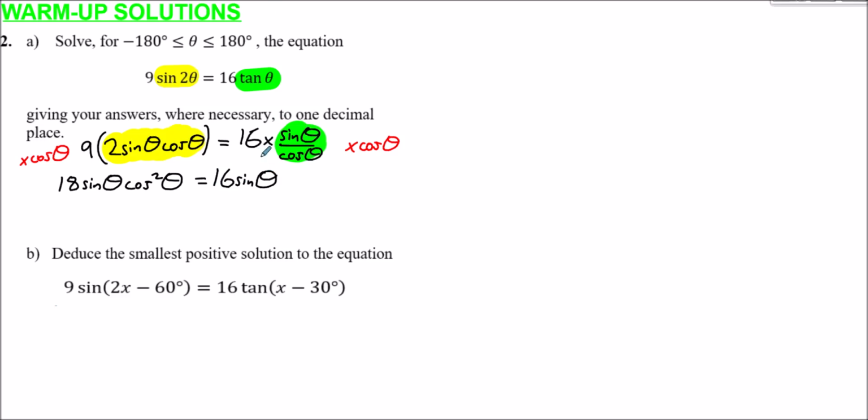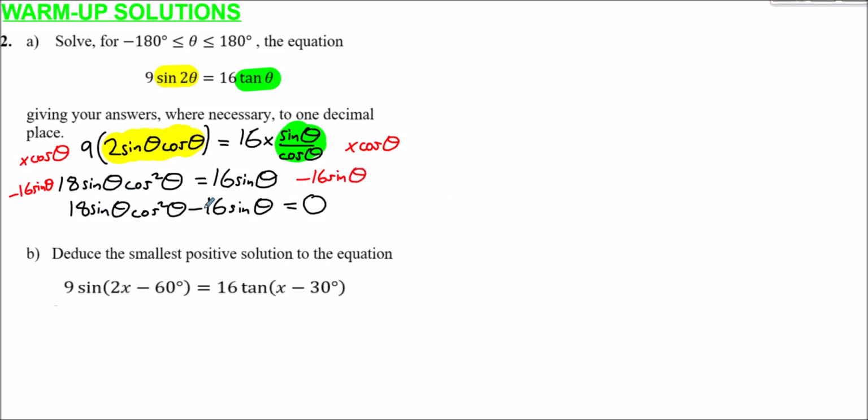Now, I'd get it all to the left-hand side by subtracting 16 sine theta from both sides. That then gives me 18 sine theta cos squared theta minus 16 sine theta equals 0.